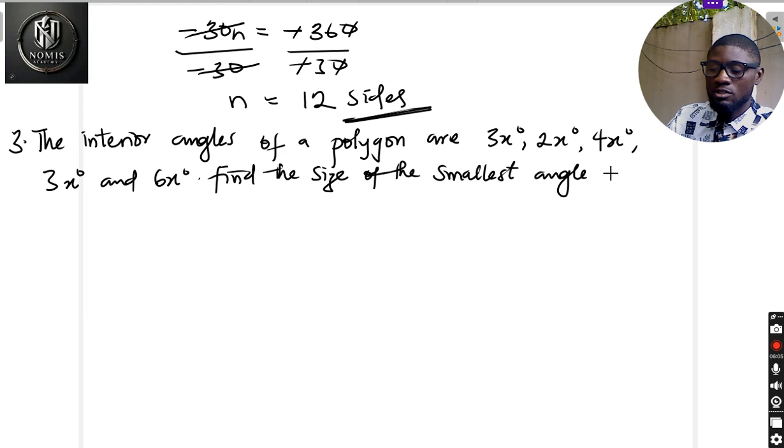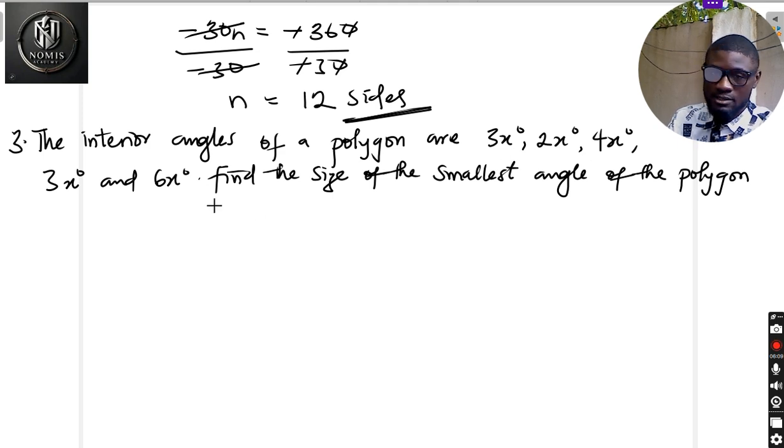So you can see that we can tell from these angles which is the smallest. We know that definitely the constant among all is x, and the one with 2x is the smallest, but we need an exact value. 2x is not an answer, so we need to calculate the exact value of that 2x. So what we are going to do is to find the sum of the interior angles.